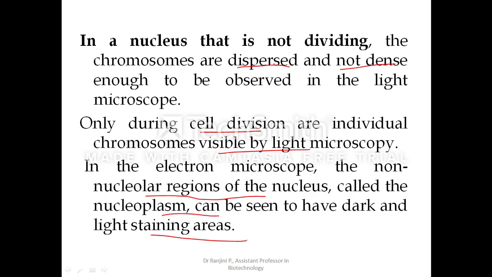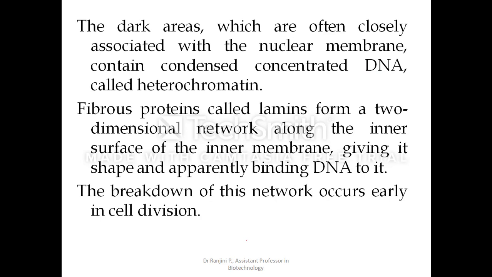The dark areas, which are often closely associated with the nuclear membrane, contain condensed, concentrated DNA called heterochromatin.